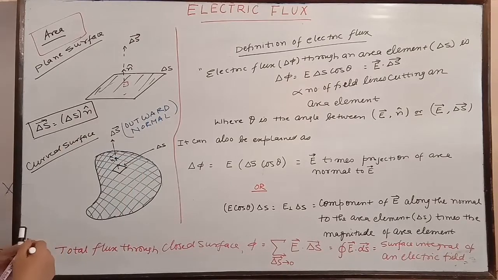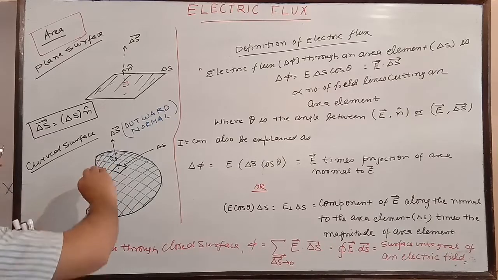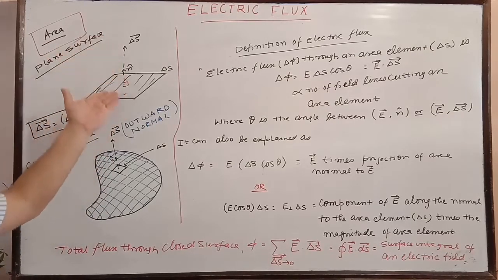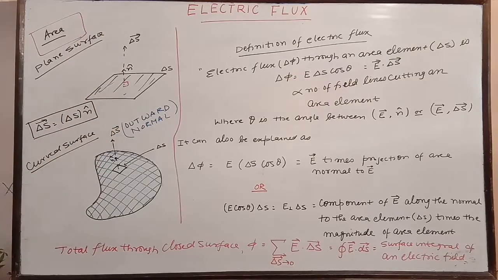For a curved surface, the curved surface is divided into a number of different small sections or areas, and a small area is considered. Then what will be the direction? Here also, is it one side or the other side? So a convention is drawn, and the convention taken is that the outward normal will be taken as the direction of area.